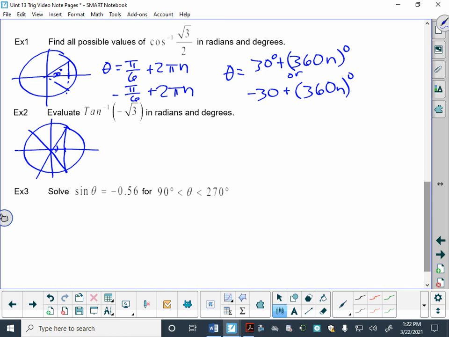So it looks like it is then going to be my negative pi over 3. So the inverse tangent of negative root 3 with a capital T is just negative pi over 3. And I'm not going to change that into a positive number because this is the number that the calculator would give me, okay, if I did that.